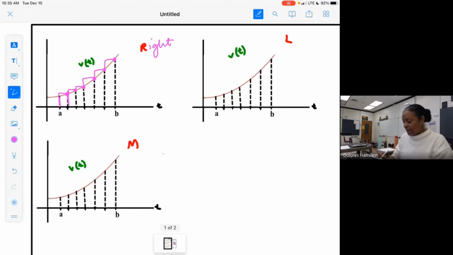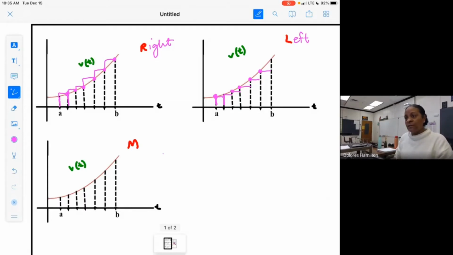Now the L, you guessed it, means you're using a left-hand approximation. So I'm still starting with that very first rectangle, but in this instance, I'm going to use the height to the left. That would be that height right there. So I'm going to use that as my corresponding height, and I'm going to keep repeating that process for every rectangle.